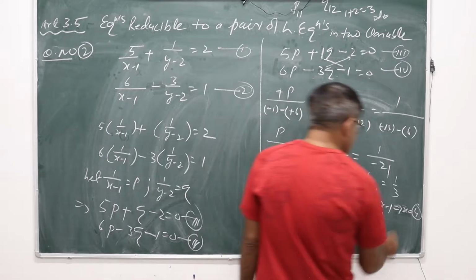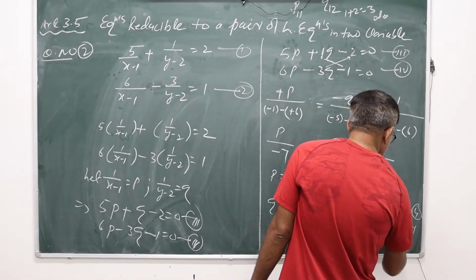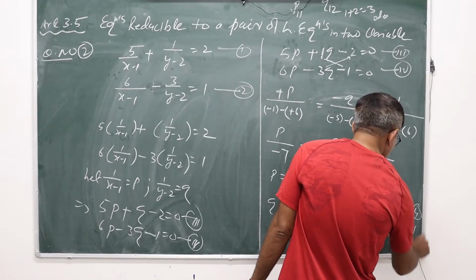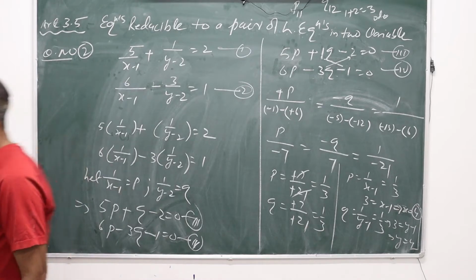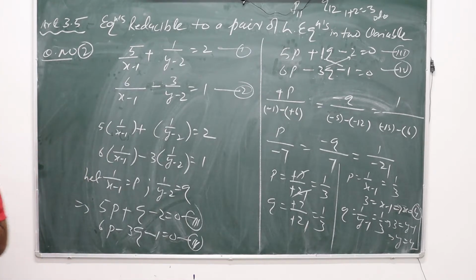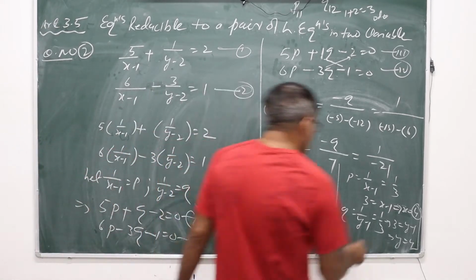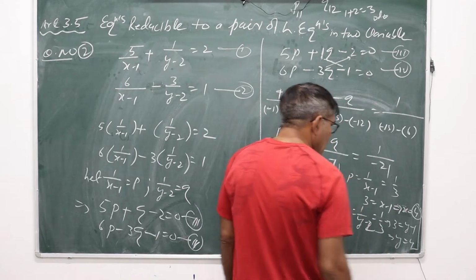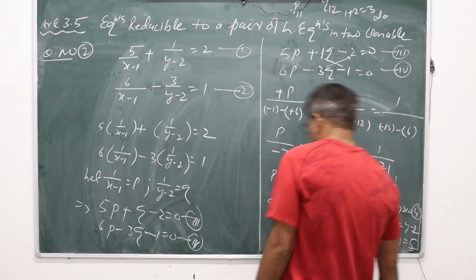Cross multiplying, 3 equals y minus 1, so y will also be 4. So x and y are both 4, 4. This is the solution of the first equation. Sorry, here y was 1 upon y minus 2, so this is y minus 2, so the value of y will be 5.